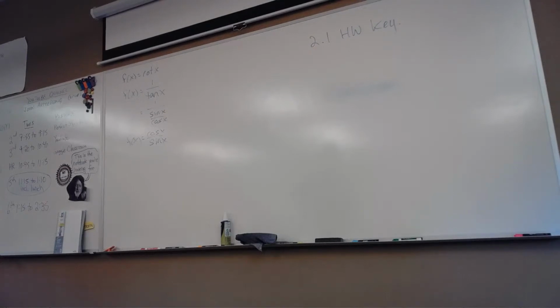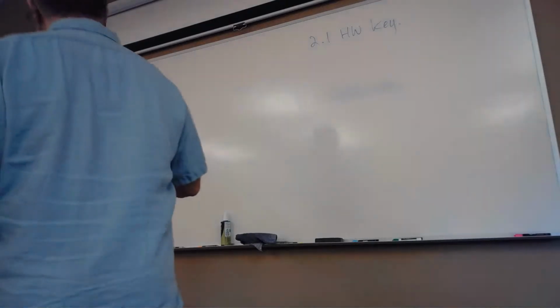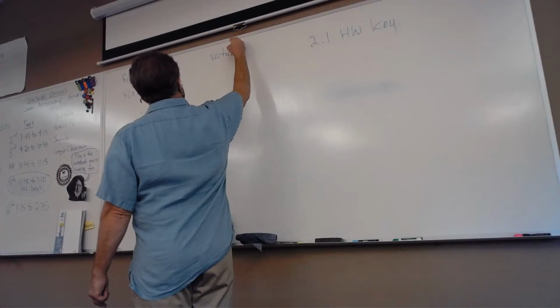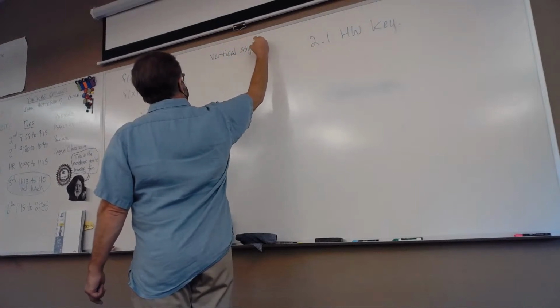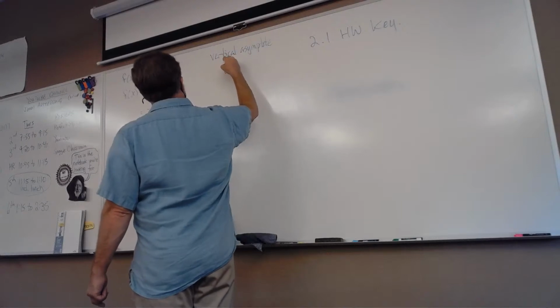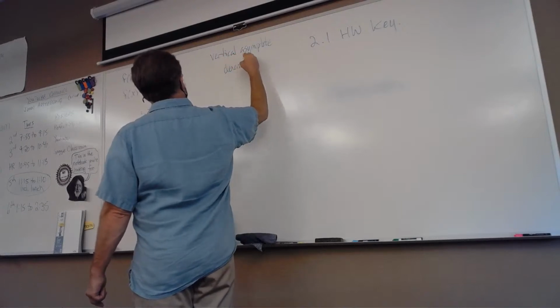Remember you had holes and asymptotes? Where did you find the asymptotes? Nothing? You get a vertical asymptote when something in the denominator equals 0.